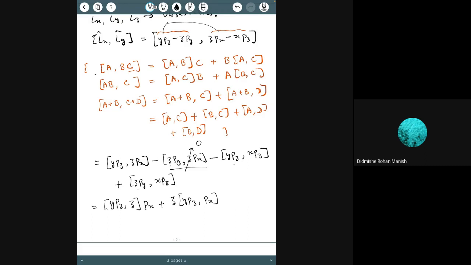So basically, as long as the coordinates and the momenta don't have the same index, then those commutators are zero. If you like, I'll continue a few more steps and then we'll see. Okay, so this is the first one. Then I'll write the third one.